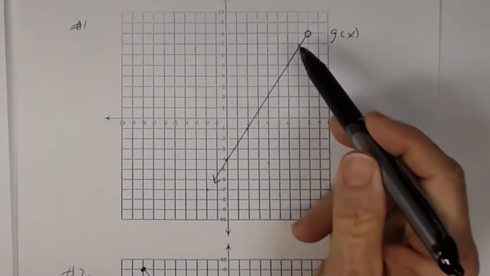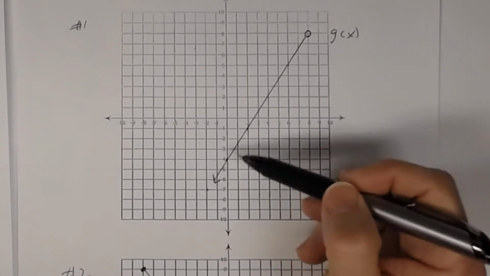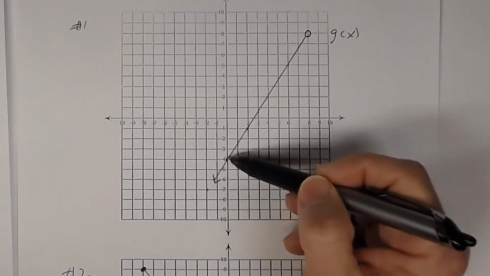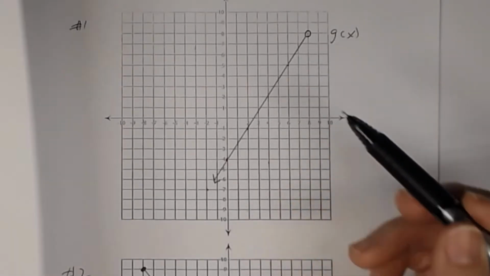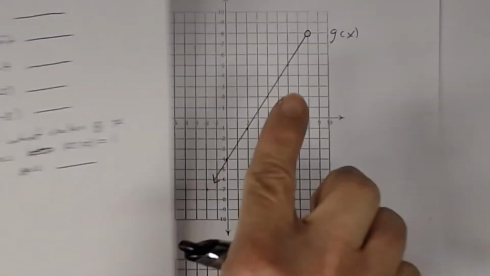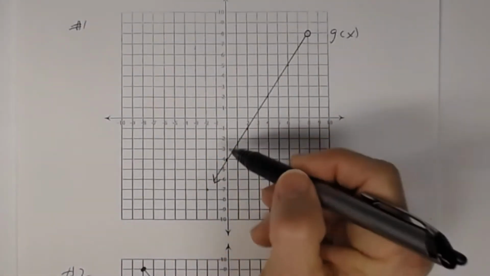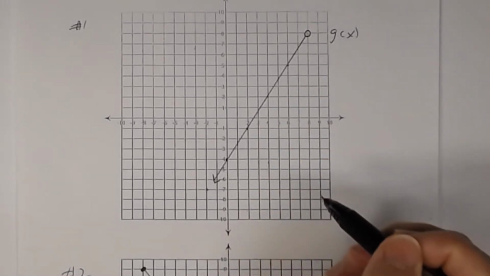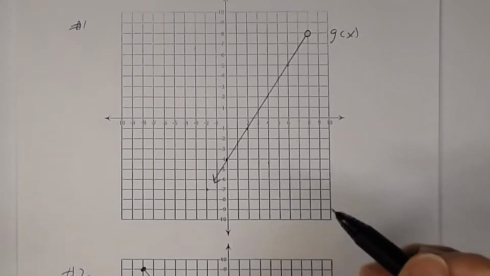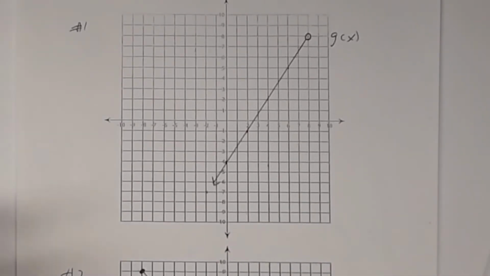If I want to find the domain of this function, I'm asking myself, what are these x values that are on this line? If I want to find the range of this function, I'm asking myself, what are the y values that are on this graph? That's what you're asked. Now there are a couple ways you can think about this.